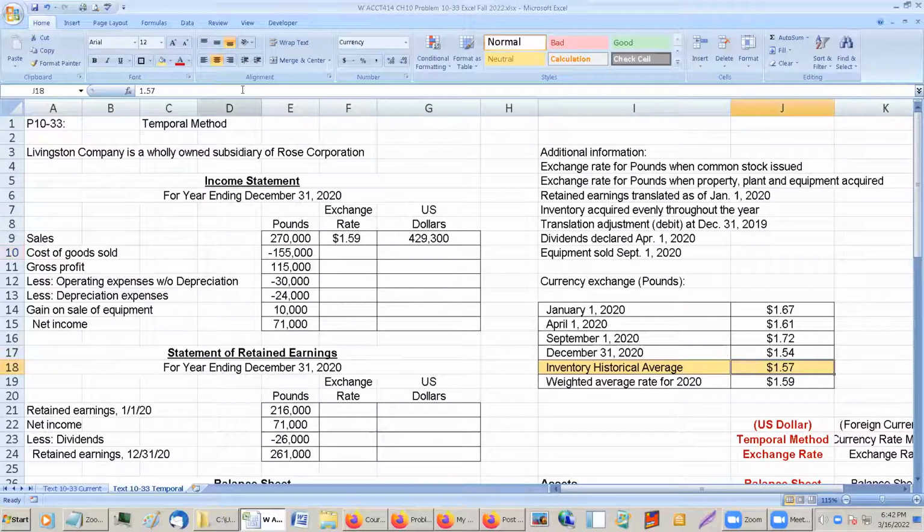Cost of goods sold, we are going to use the historical average. So the historical average, whatever they bought, is actually 157. And if you're wondering why those might be different, they may very well be different because of inventory.